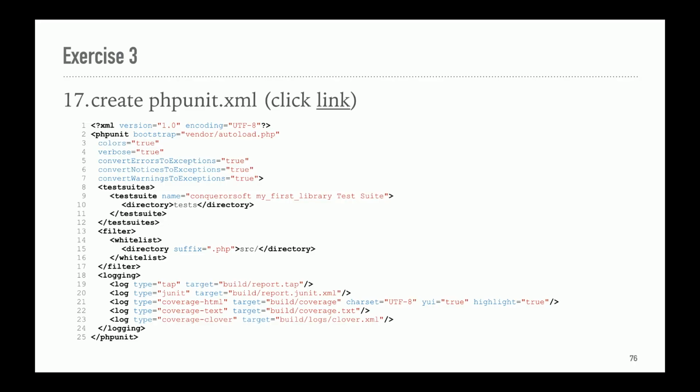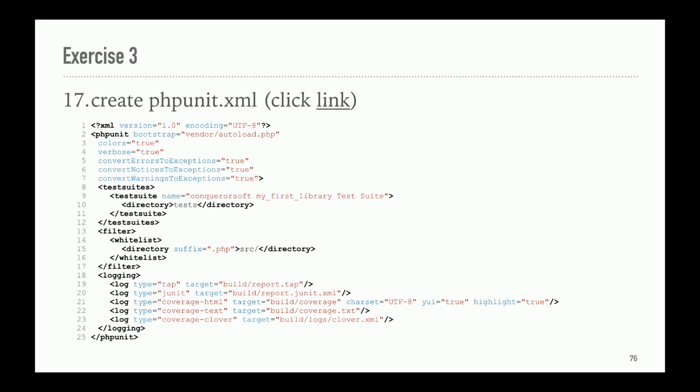You would do that with an XML file. We would define the bootstrap file, in this case under vendor autoload. This way, PHP unit is going to be able to access all the classes and everything in our code.